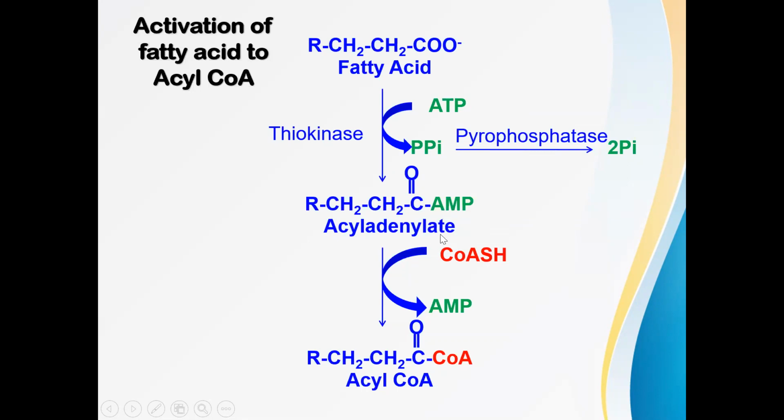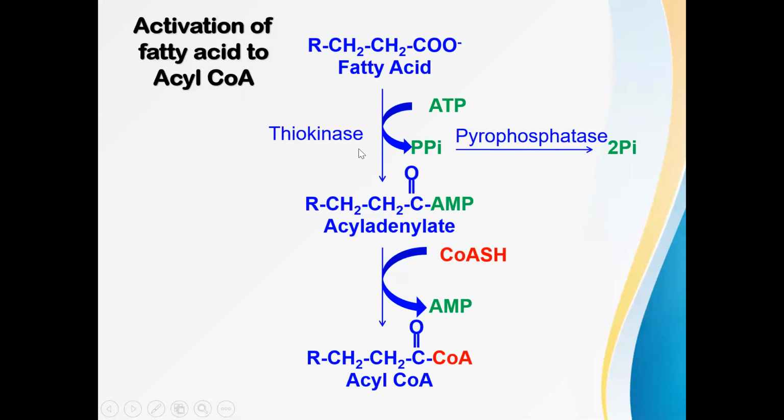And then this acyl adenylate combines with coenzyme A, and this AMP is released, and this acyl adenylate is converted into acyl-CoA. So what happened here? First, fatty acid is converted into acyl adenylate, which requires utilization of an ATP molecule, that is converted into inorganic pyrophosphate, which will be hydrolyzed to two high energy phosphates, which means that there is utilization of two molecules of ATP.